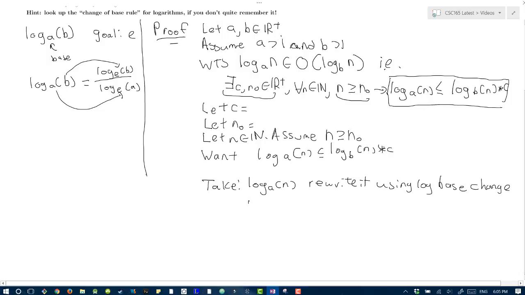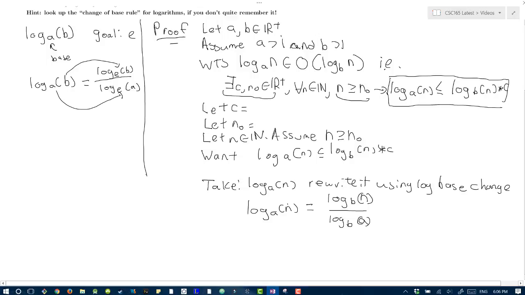Okay, so then we have log A of n, and we want to change it to B. So you have log B of some value here, and log B of some value here. We know that the top one will be n, and the bottom one will be A. Okay, and notice that we can rewrite this whole thing.